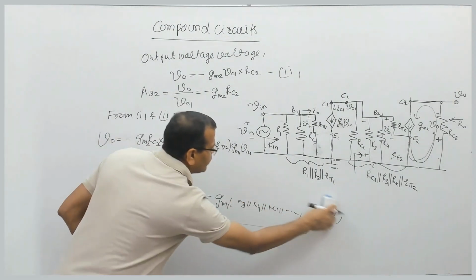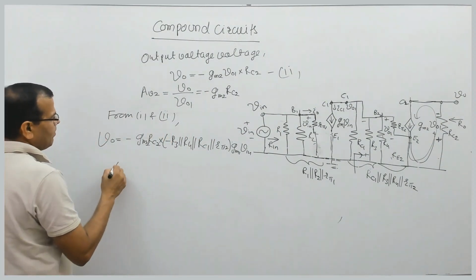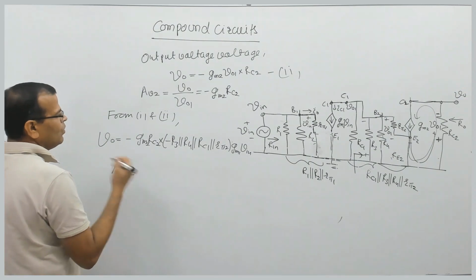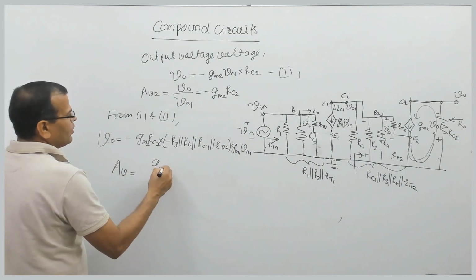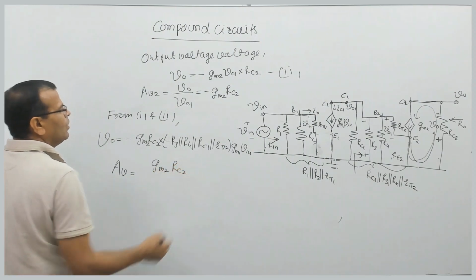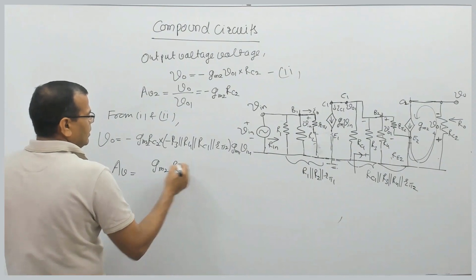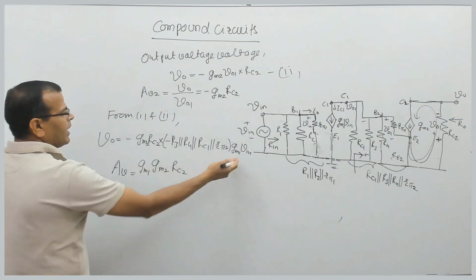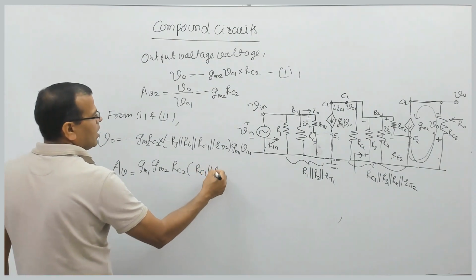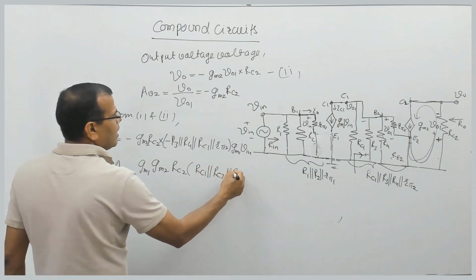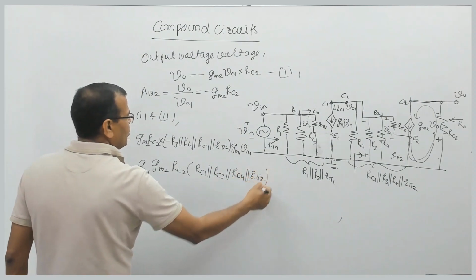So this gives the overall voltage gain of the amplifier AV equal to, now please see it carefully, GM2 RC2 multiplied by GM1, into RC1 in parallel with RC3 in parallel with RC4 in parallel with R pi 2.